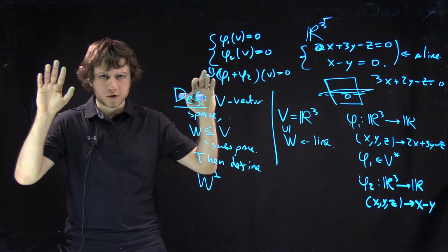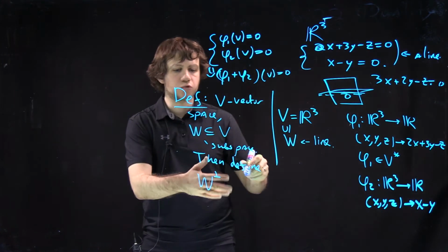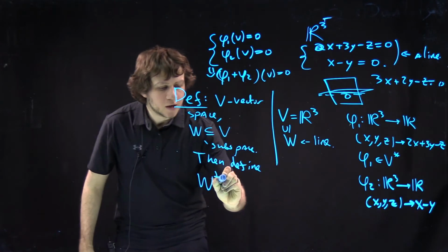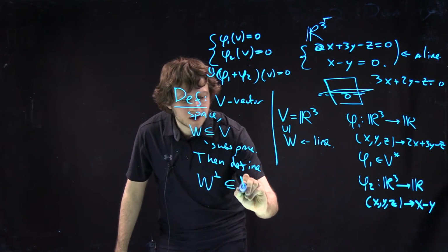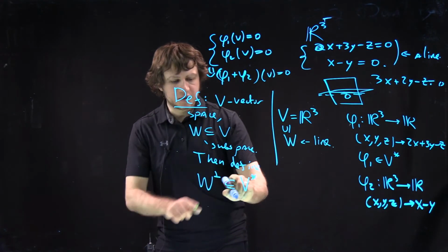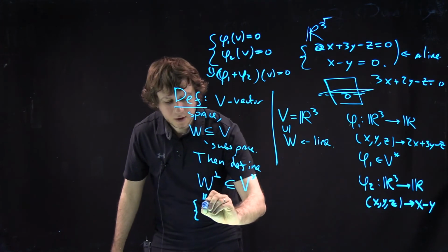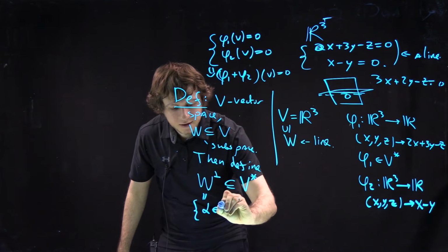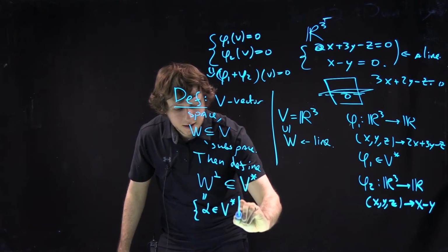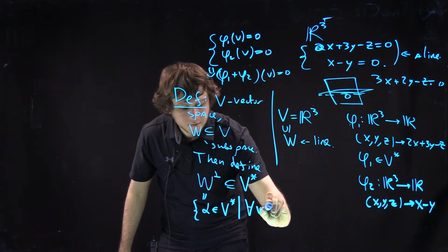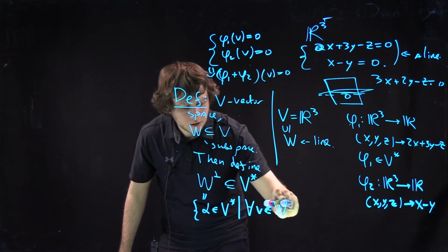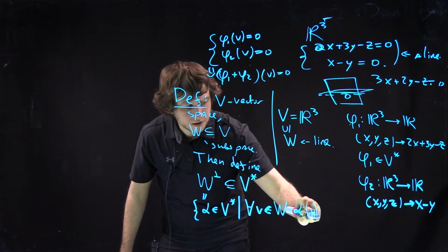It's called orthogonal complement or dual subspace, maybe properly. This is a subspace of V star. So this is a subspace of the dual space, and this consists of alpha inside V star such that for every v in this W, alpha of v equal to 0.